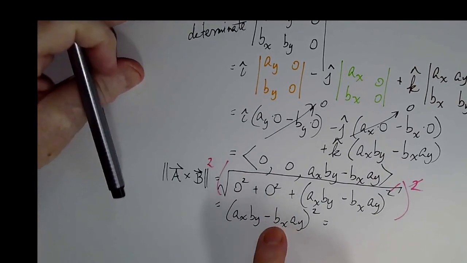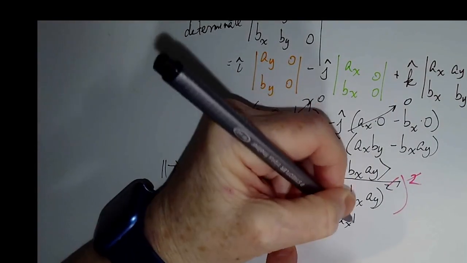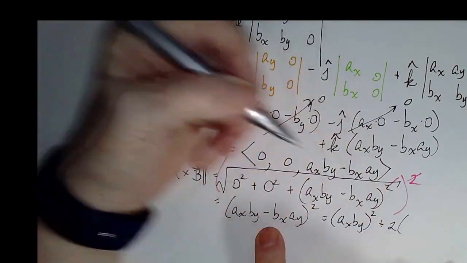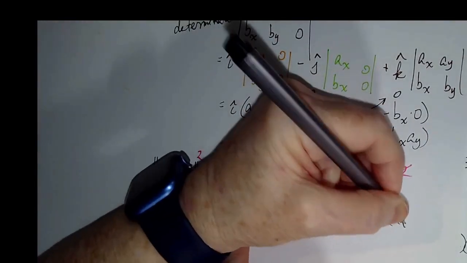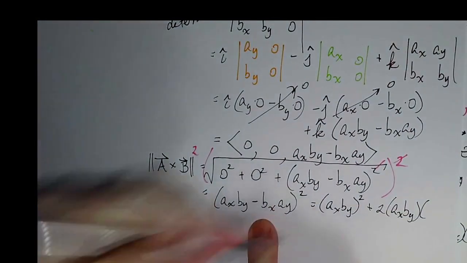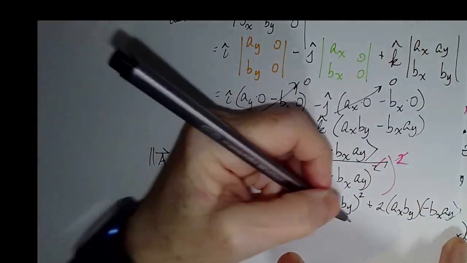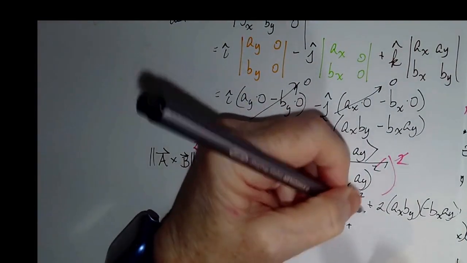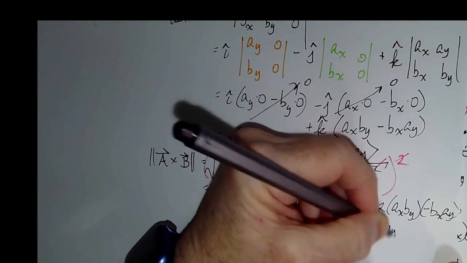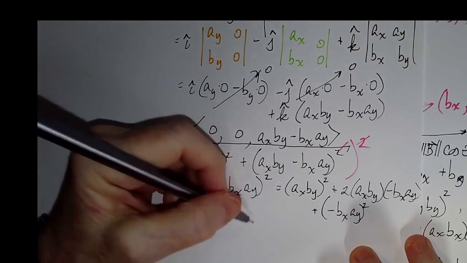This time the second term is negative, so I've got first term AXBY squared plus 2 times first term AXBY, second term negative BXAY, then plus the last term squared, negative BXAY all squared.